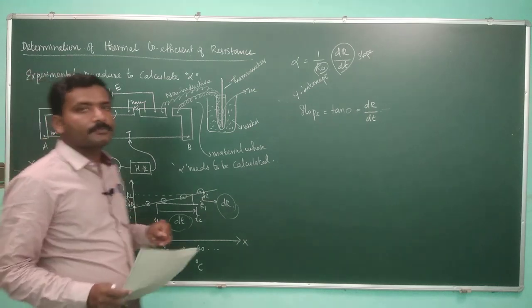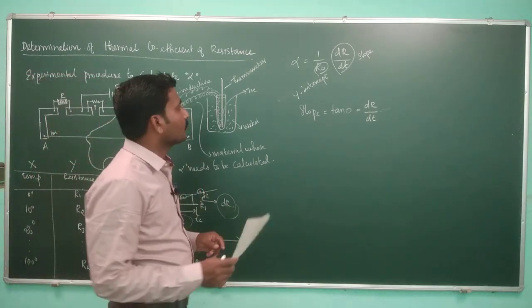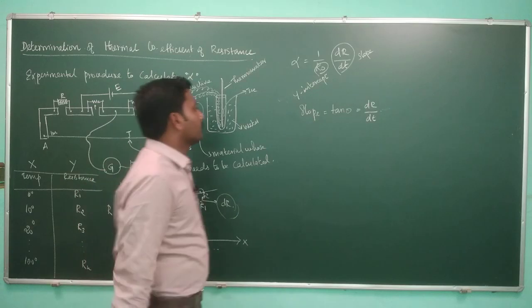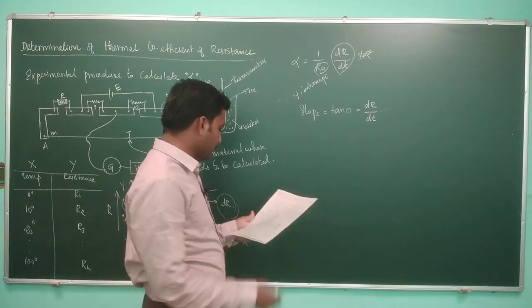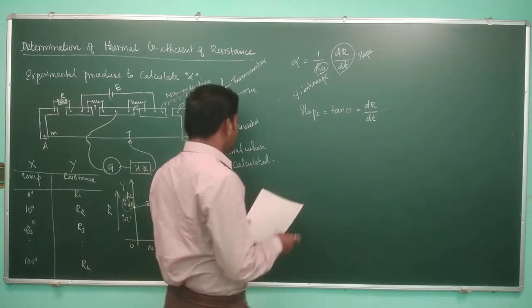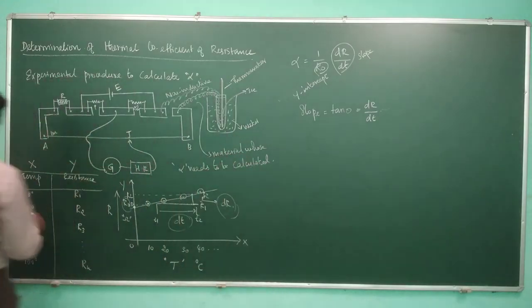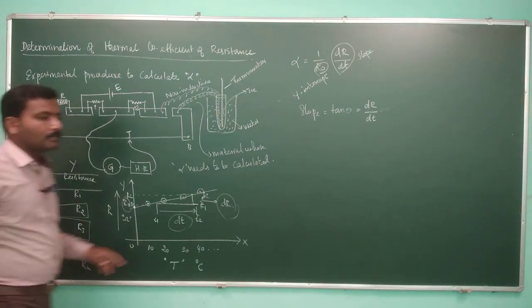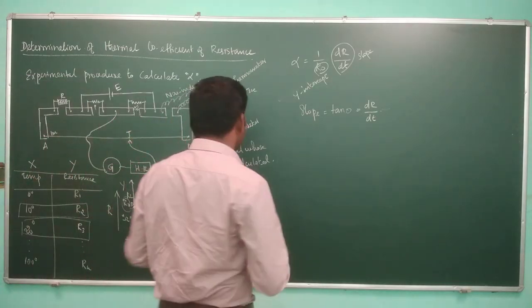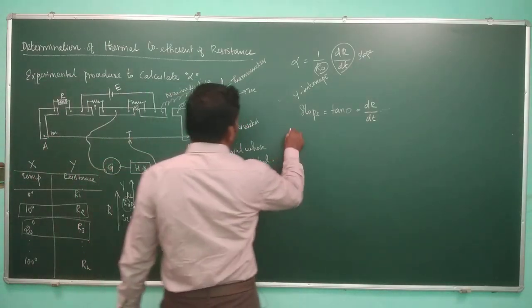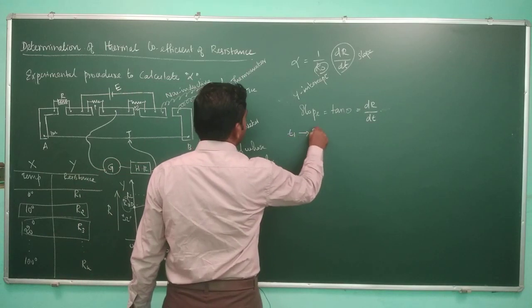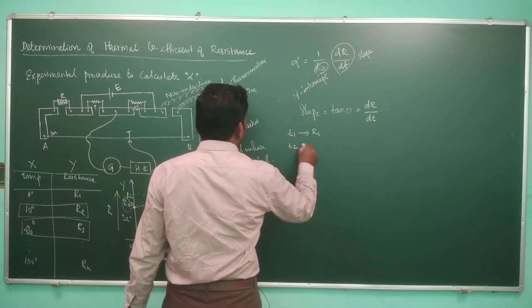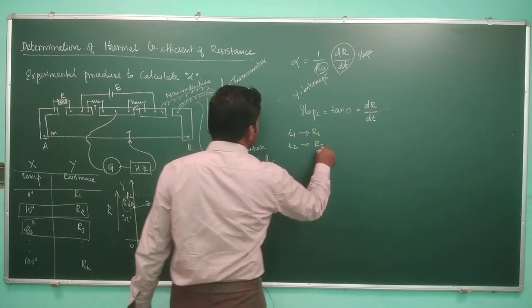So applying this in the equation, you will be able to get the thermal coefficient of the material using this Carey Foster's Bridge experiment. Well, suppose I am given only two parameters, like this. For example, for a given temperature T1 the resistance is R1, for the given temperature T2 the resistance is R2.